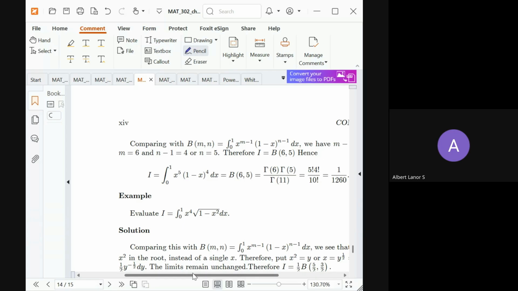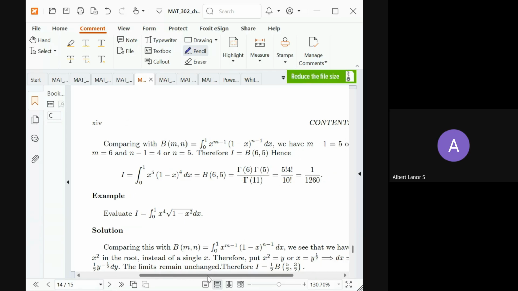So this is how it will look: beta of 6, 5, because you add 1 to each of the powers to get the m and the n. Then to get the gamma of it, you have gamma 6, gamma 5 divided by the sum. Now gamma 6 is 5 factorial, gamma 5 is 4 factorial, divided by 10 factorial. And then you can evaluate this on your calculator to get the value.